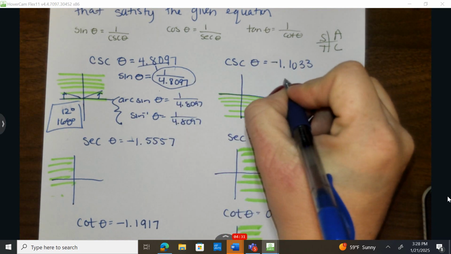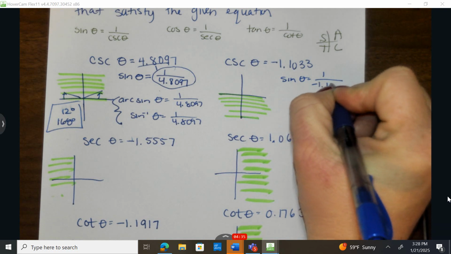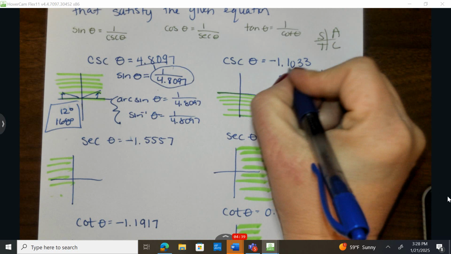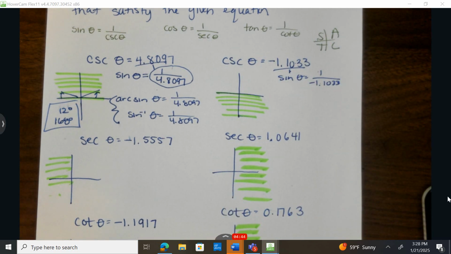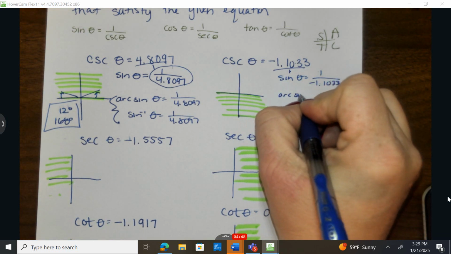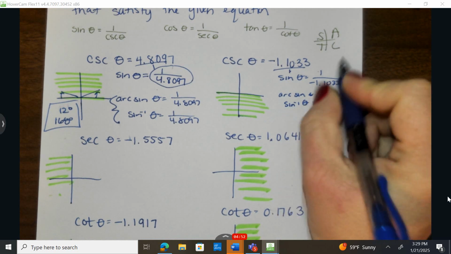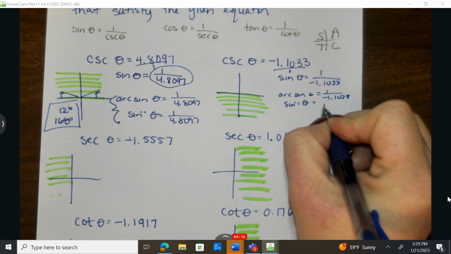So this is equivalent to the sine of this angle is 1 divided by negative 1.1033. Why? Because I know these two are reciprocals of each other. So the reciprocal of this value over 1 is 1 over its value. Okay, next up I'm going to use the idea of arc sine, or maybe you like the inverse sine, depending on which one you like to use, and I'm going to plug this into the calculator.